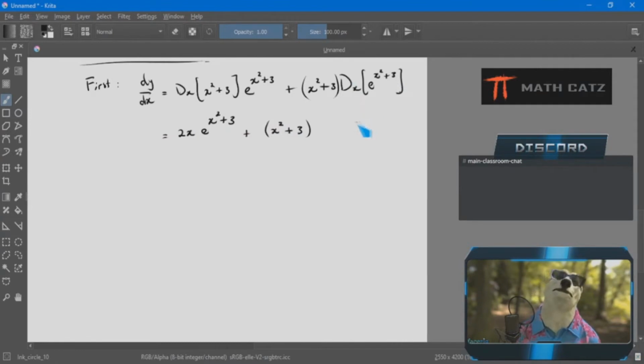Now I have a much simpler derivative of an exponential function. Yes, there's a little chain rule in here, but it's manageable. It's e to the something. First part of the chain rule, take the derivative of e to the something with respect to that something. Because it's e to the something, the derivative is e to the something. I don't look at the detail of that something.